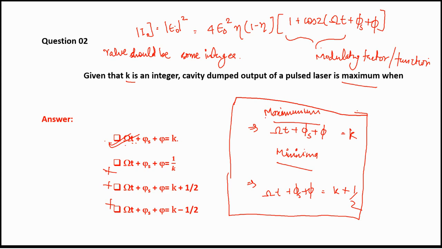Okay. This is maximum, this is minimum. Now, if anyone has any doubt in this question, we can go on with this, or else we'll proceed with the next question. I'll give you a time of 1 minute.